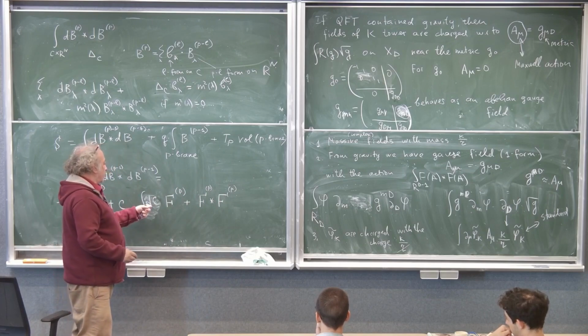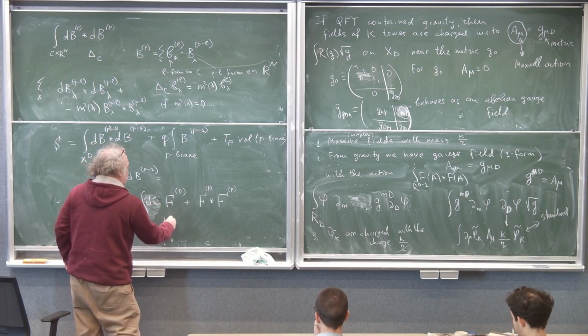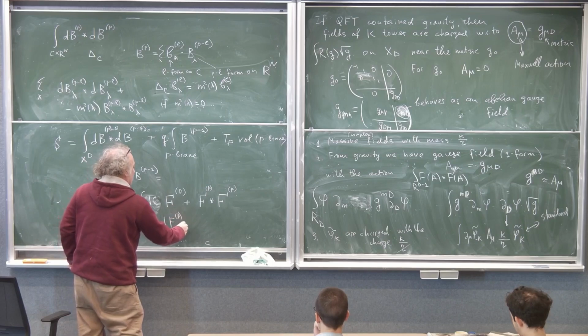If I take variation with respect to C, I will get dF_T equals 0.